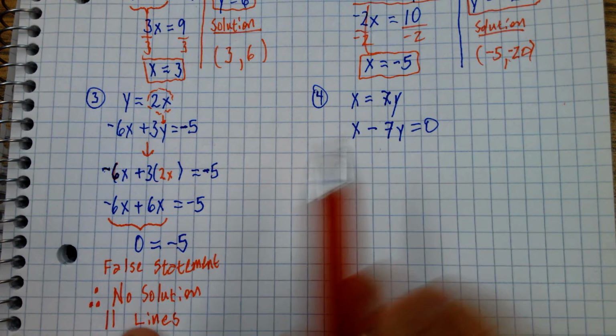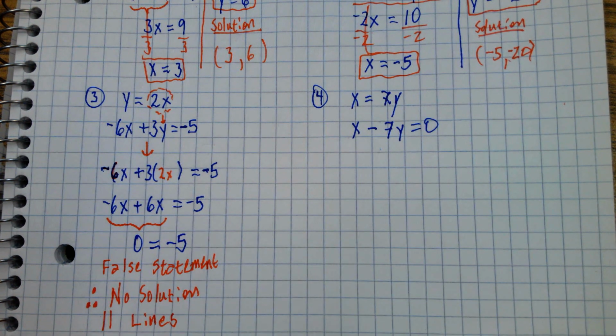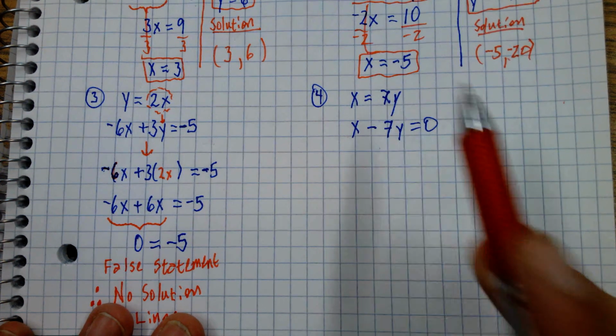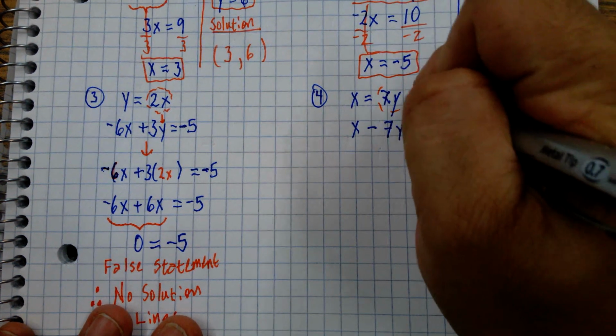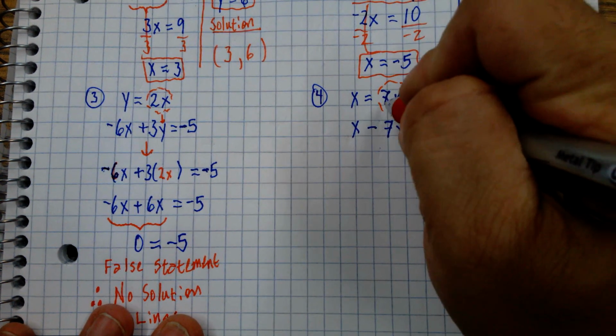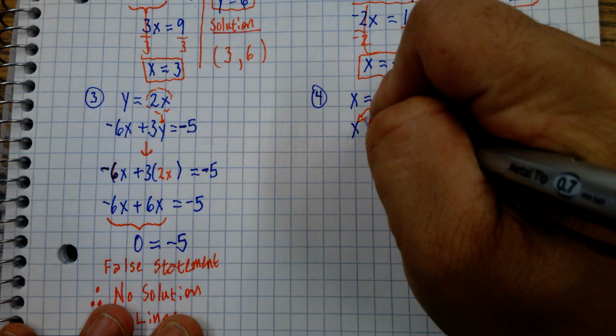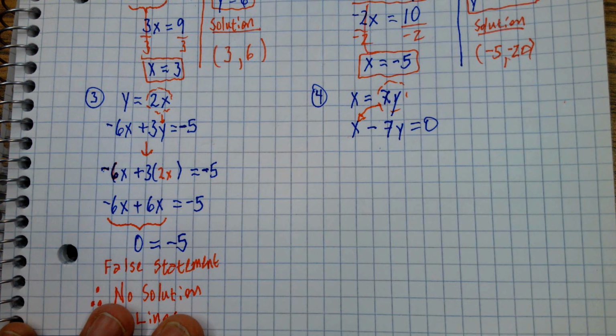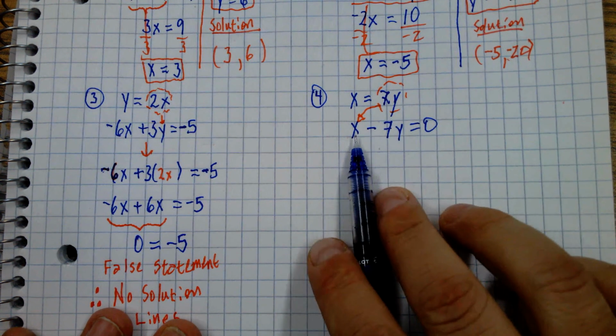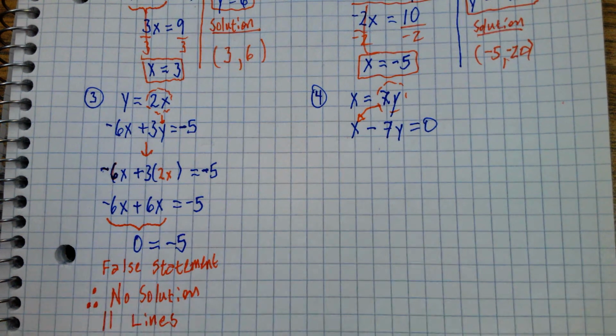So we do have something that's isolated, right? x equals. We look for that. And then we're going to replace x with 7y. Okay? So let's do that. Replace this x with 7y.